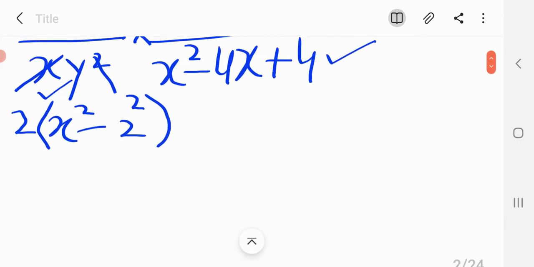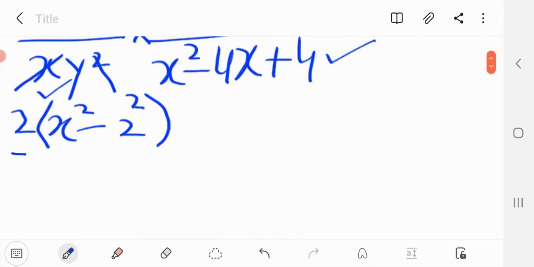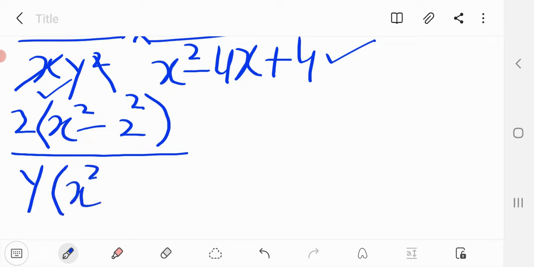Secondly, in the denominator only y is available, so y can be written as it is. Secondly, we have a quadratic, x square minus 4x plus 4. The same quadratic is available in the numerator as well as in the denominator. But if we factorize them, there may be a similar factor, and they both will be cancelled. Whatever remains will be your answer.